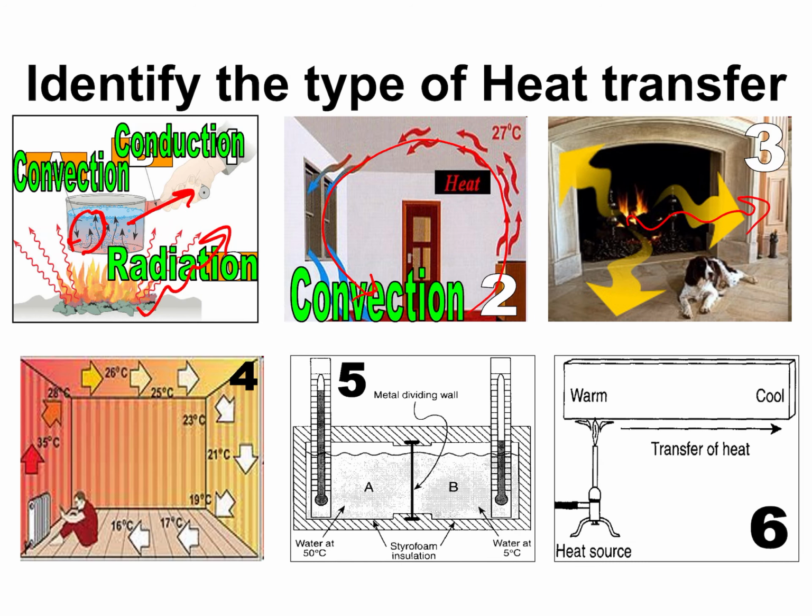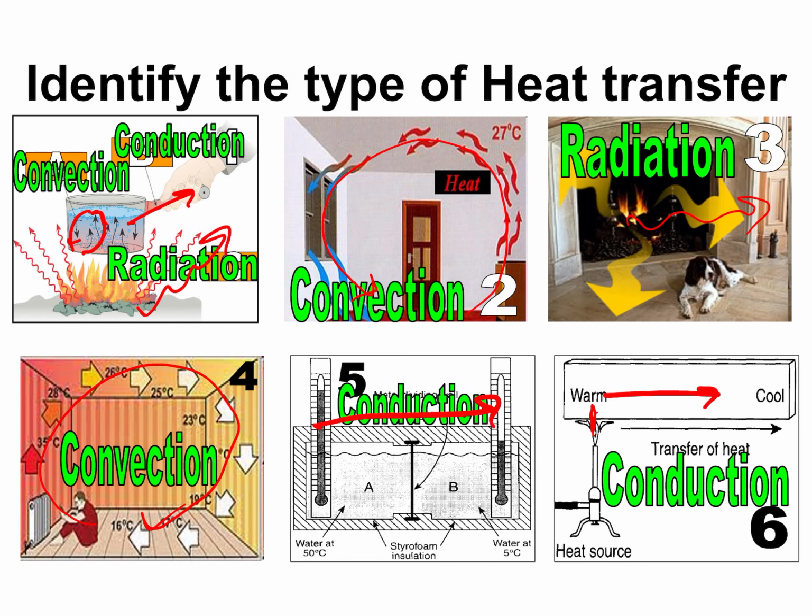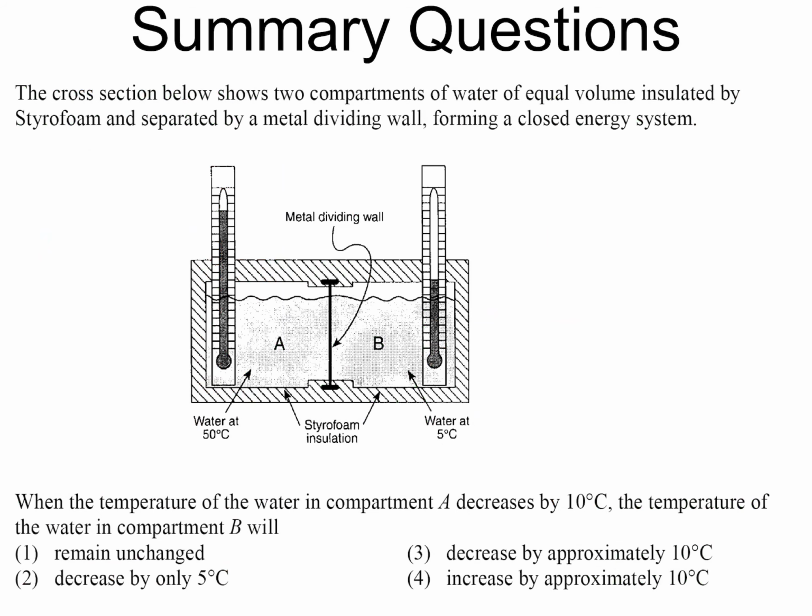Number 3, open space, radiation. 4, circle, convection. 5, the heat is going from this section A to B because they are touching. That's your conduction. 6, the heat's going from this side of the bar to this side of the bar. That's conduction.